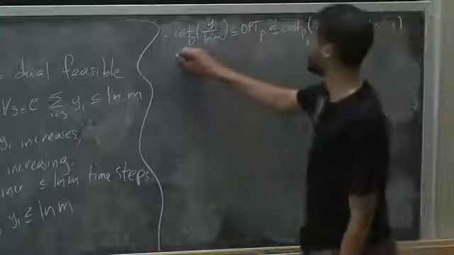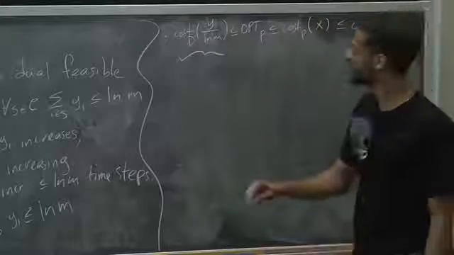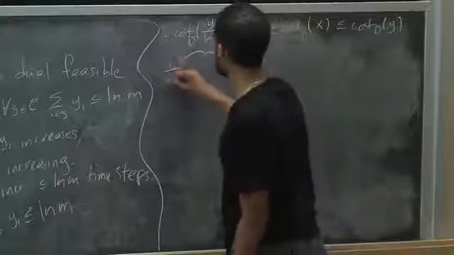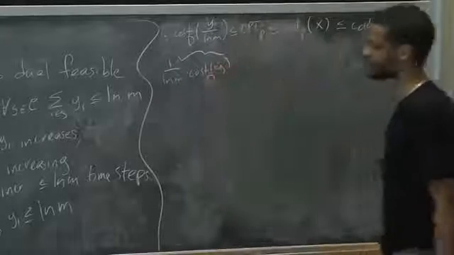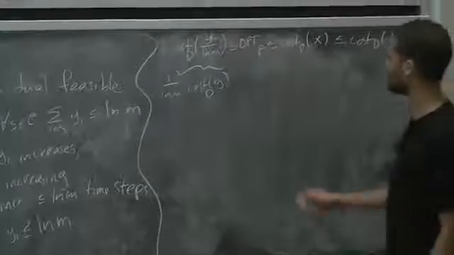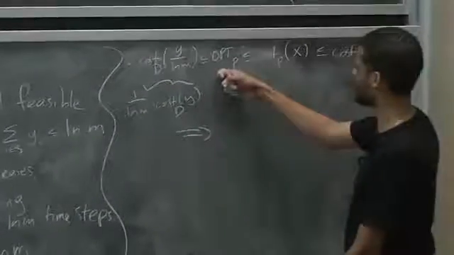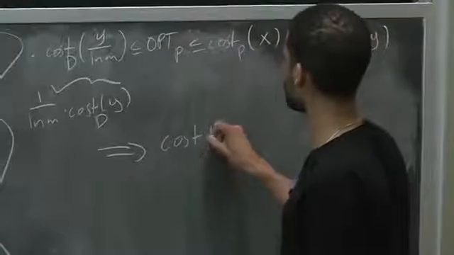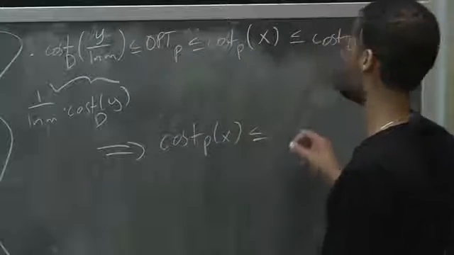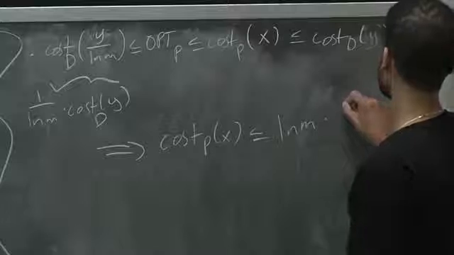Right? And this cost is linear, so this is just 1 over ln m times the cost of y. So that implies exactly what we want. Just bring this opt over here. That implies that the primal cost of this x that we found is at most ln m times opt.